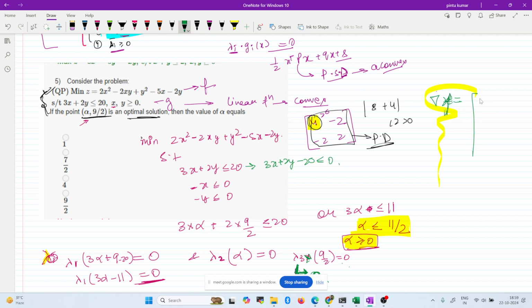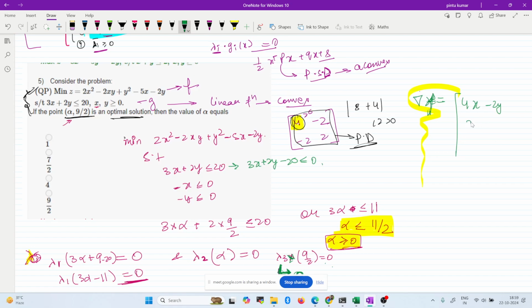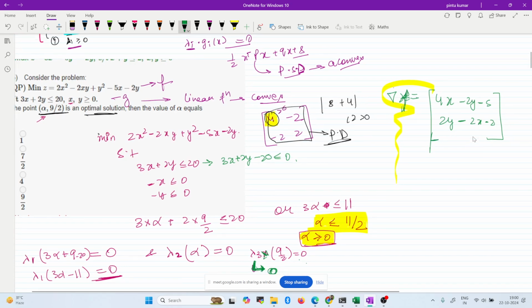With respect to x, this would be 4x minus 2y minus 5, and with respect to y, it's 2y minus 2x minus 2. This is your gradient of f.